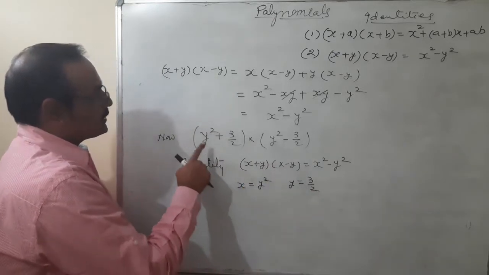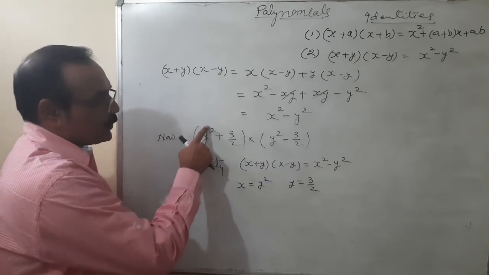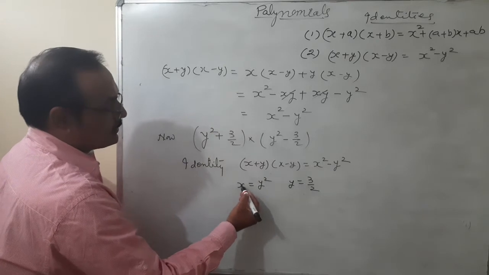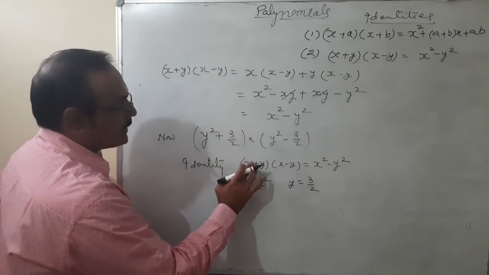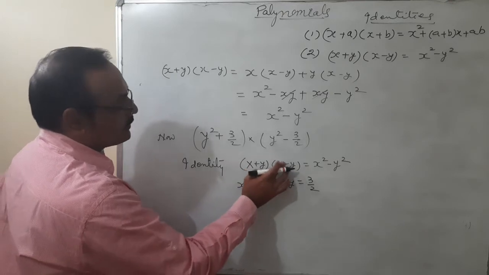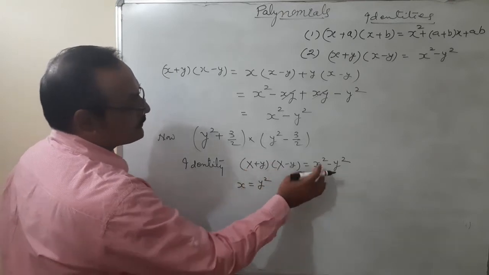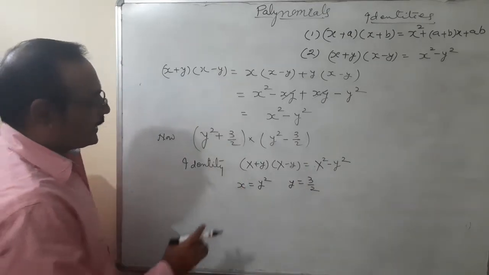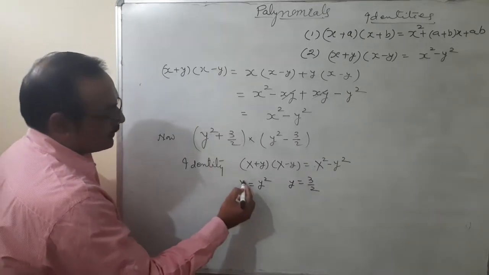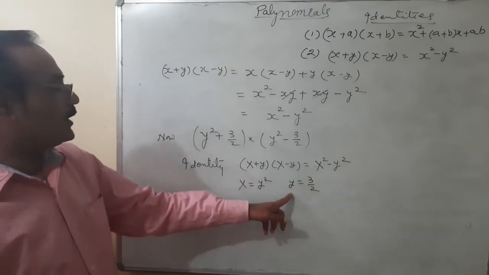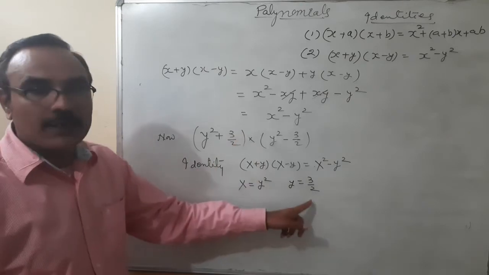Since here it is given y square, you can consider this as capital X. Here I am taking capital X so that there should not be any type of confusion. Now is it okay? So capital X is equal to y square, and small y is equal to 3 by 2.